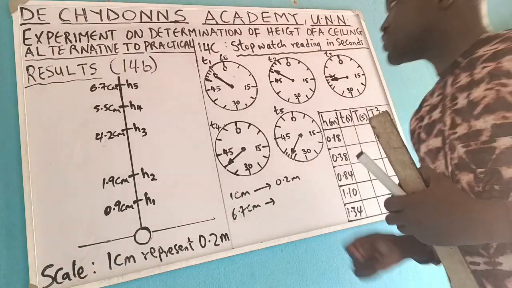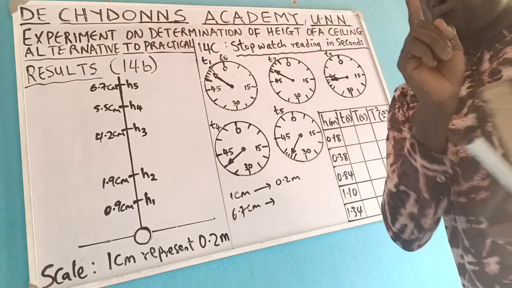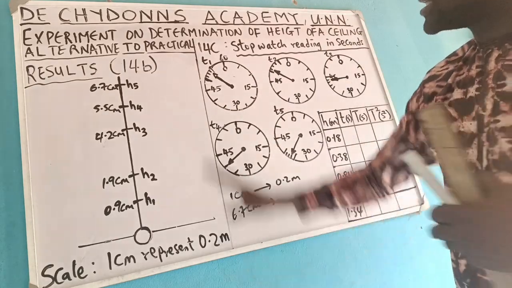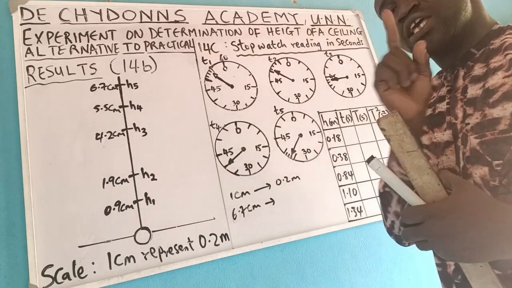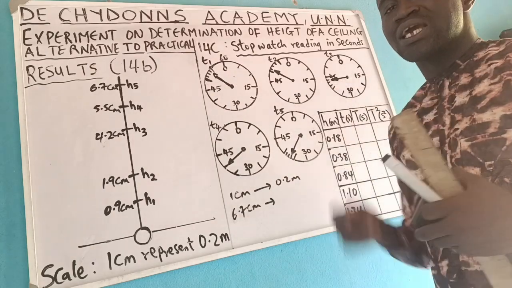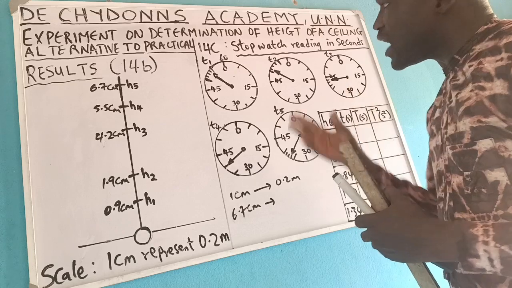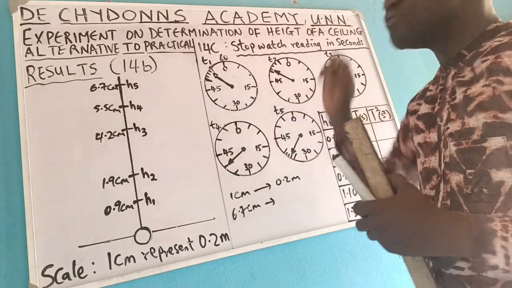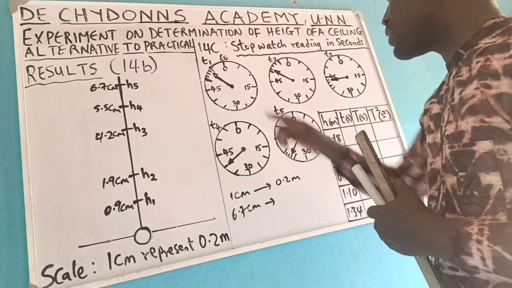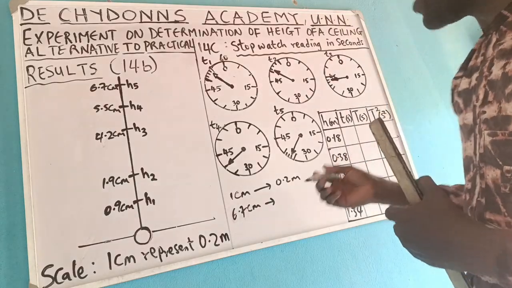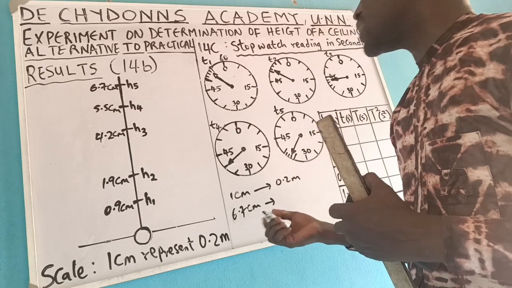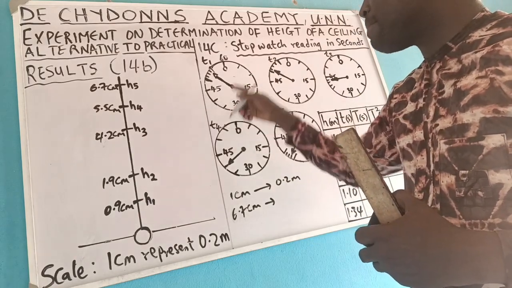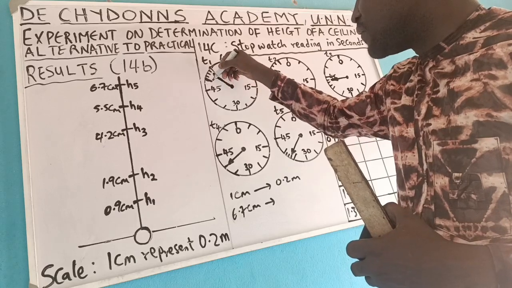Now, let me tell you something. If you don't want to make mistakes in reading this, get the reading accuracy of this instrument. Every instrument has its reading accuracy. That is the minimum value you can get from that measuring instrument. What do I mean? If here is 30, here is 35, and here is 45, here is 50.